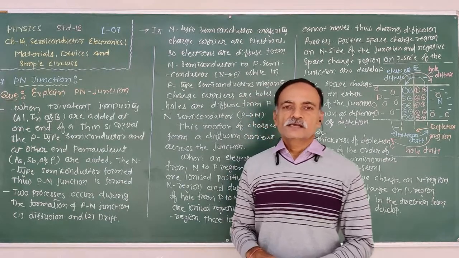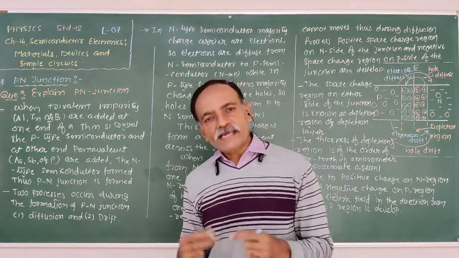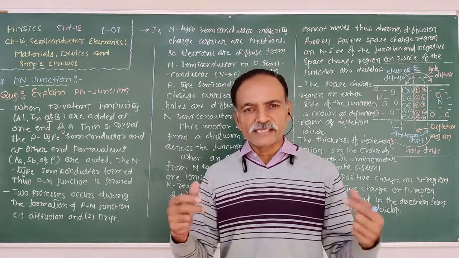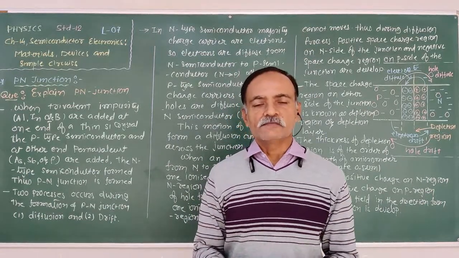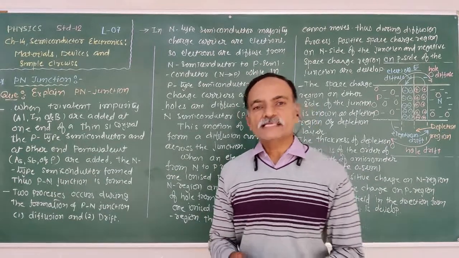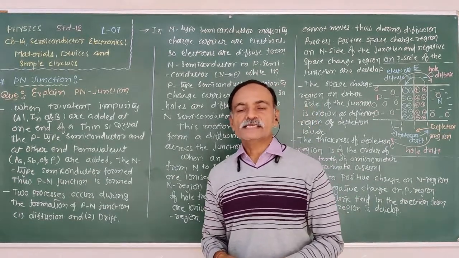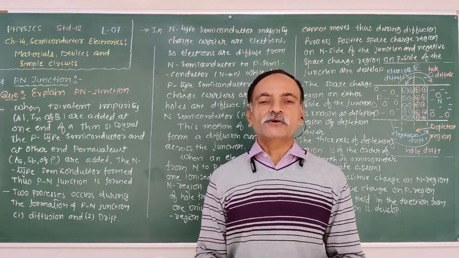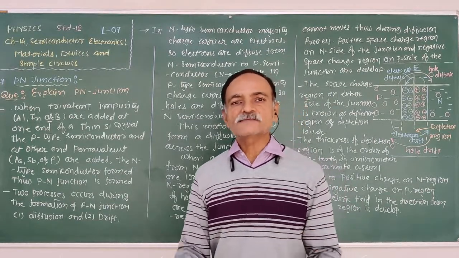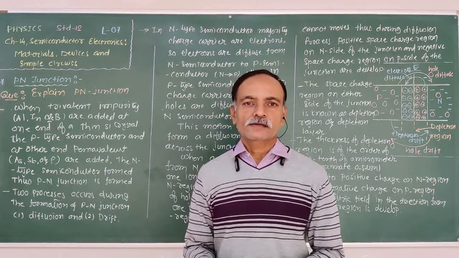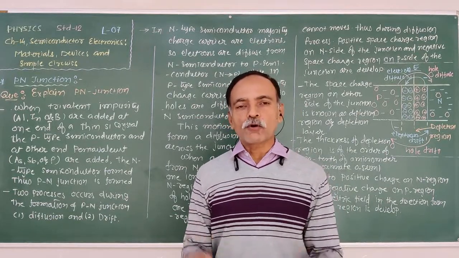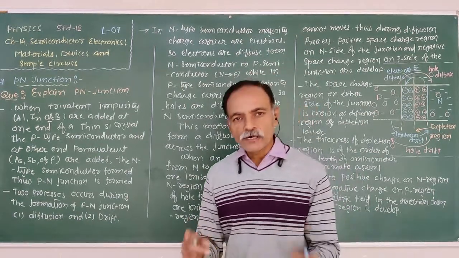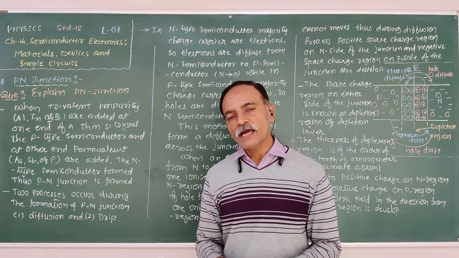Okay. Now we take a thin silicon crystal, like a wafer, a very thin silicon crystal. We know that silicon is tetravalent. It has 4 valence electrons. At 0 Kelvin temperature, all these 4 valence electrons are used to form 4 covalent bonds with its 4 neighboring silicon atoms.